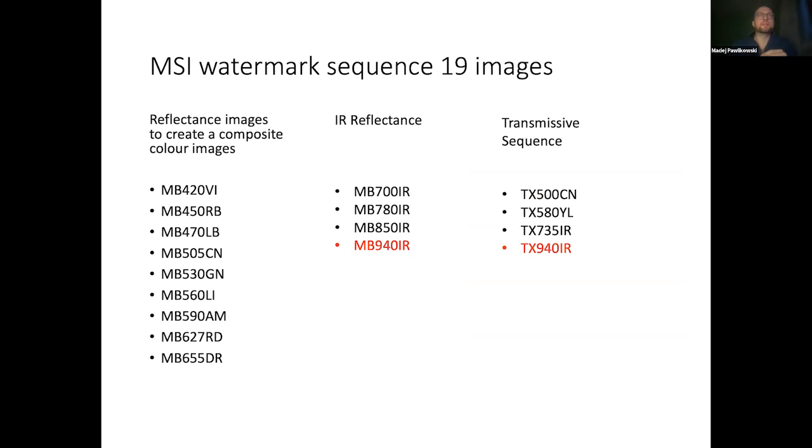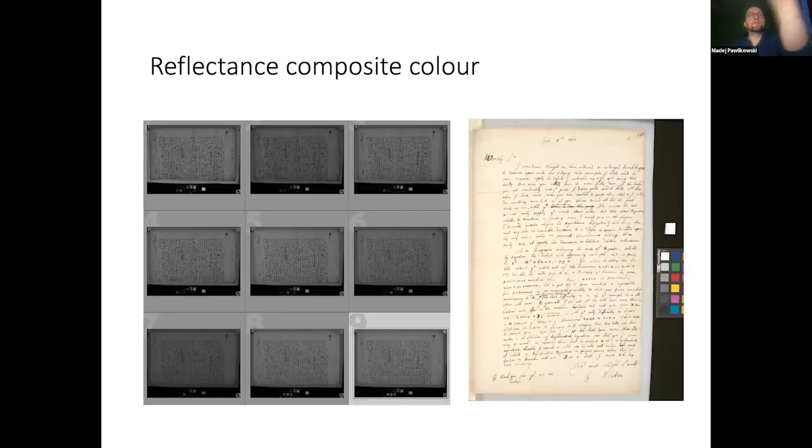Explaining those sequences. First, reflectance. There will be 9 images like that, and we artificially create the color image, which is actually very color accurate, right? Because it doesn't have just red, green, and blue like the regular camera does.